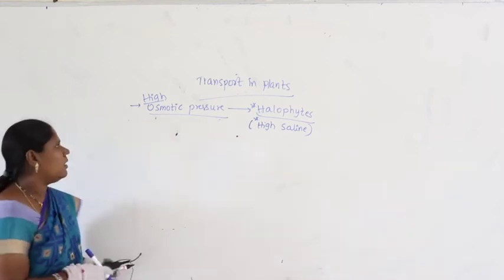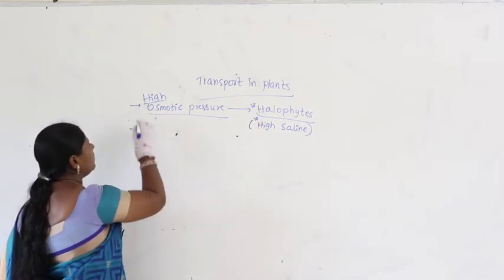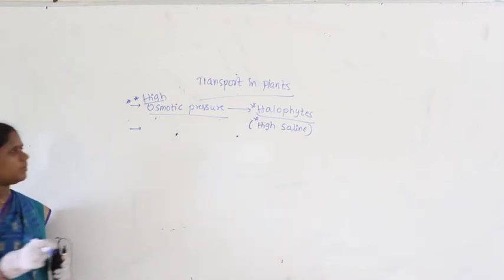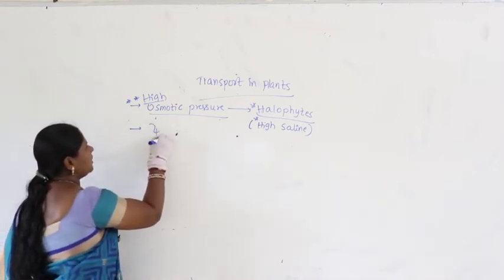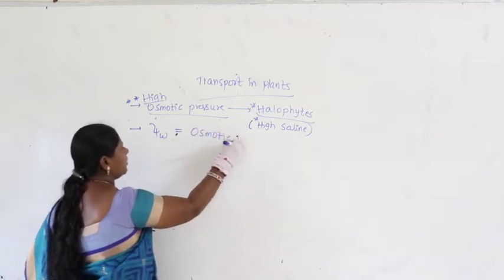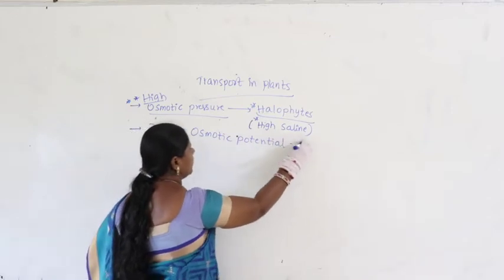Right. Now apart from this, water potential can be calculated as osmotic potential plus pressure potential.